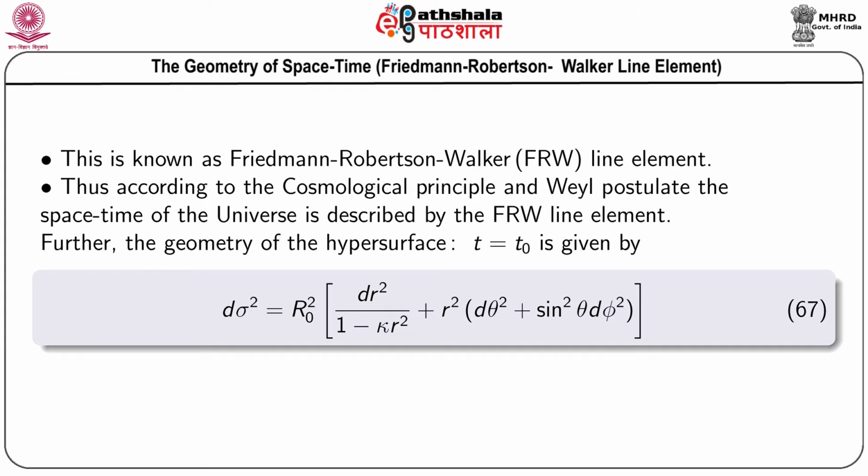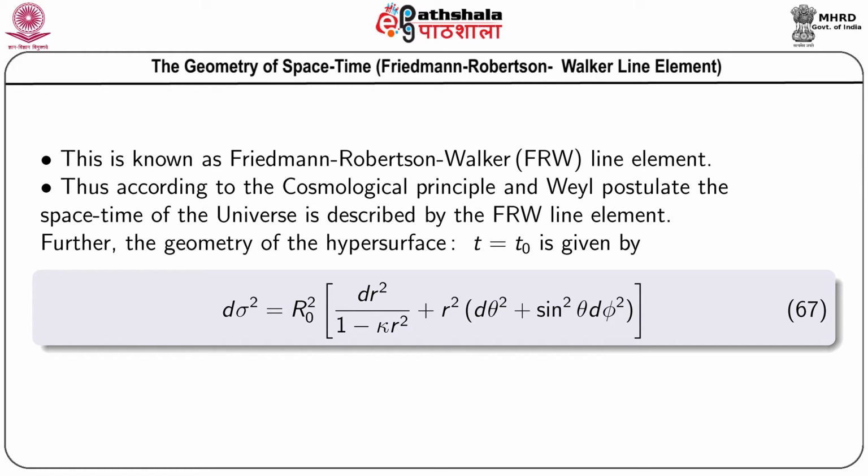Further, the geometry of the hypersurface at t equal to t0 is given by this form, dσ². So, dσ² is the metric for the hypersurface, where the time is taken as a constant.